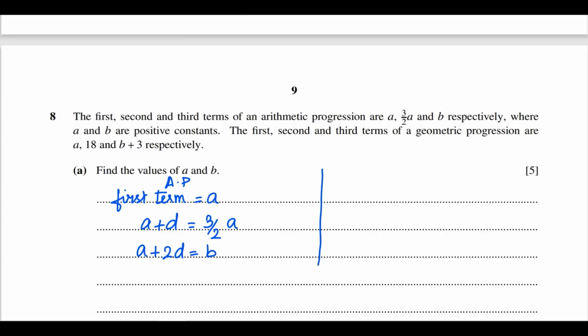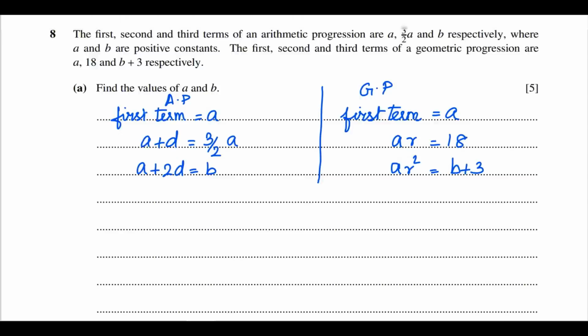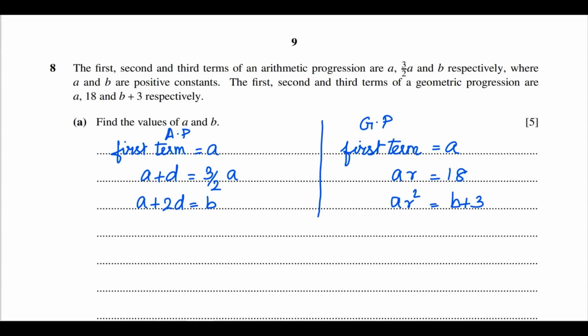So in the geometric progression, the first term is a and the second term is 18. So that is ar equal to 18, and ar squared equal to b plus 3. In the arithmetic progression, from the second and third terms, multiply equation 1 by 2.